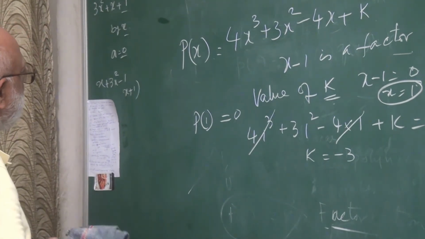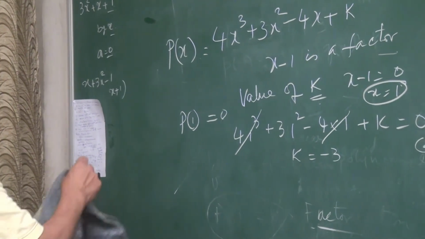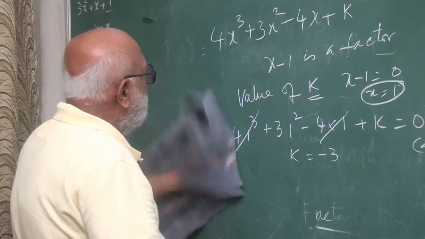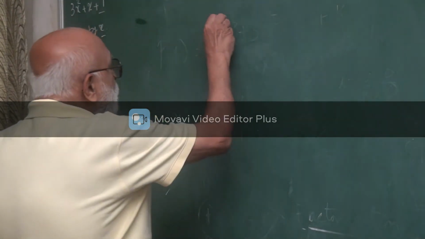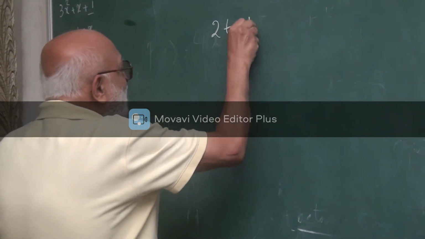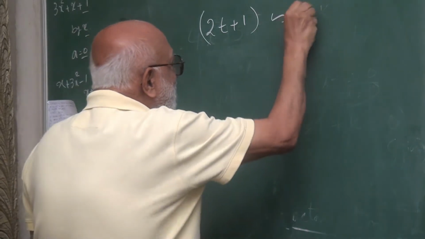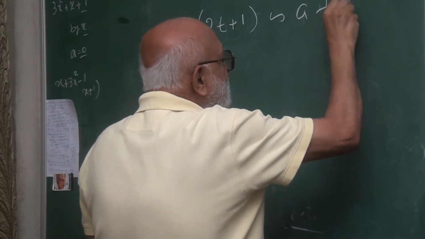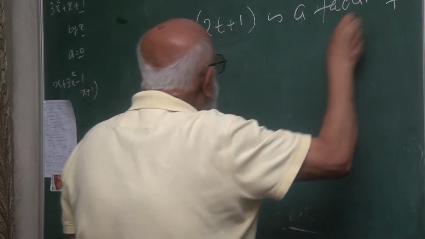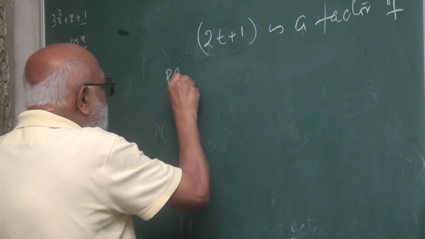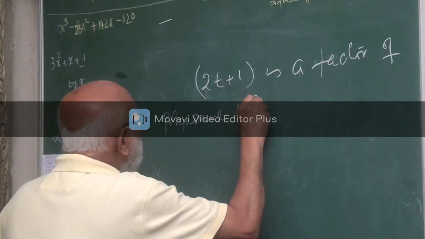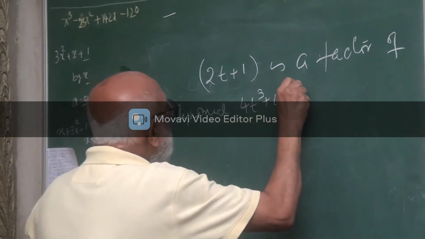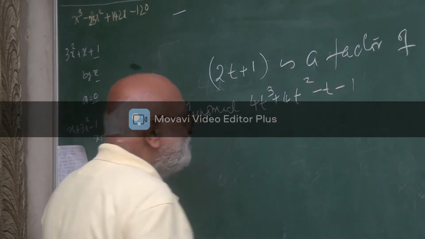Once we have gone through this one, say for example, another example I will go through will clear everybody's doubt. Find out whether 2t plus 1 is a factor of the polynomial 4t cube plus 4t square minus t minus 1.